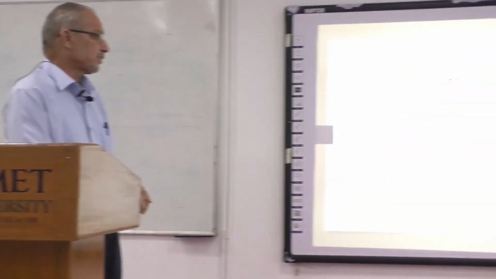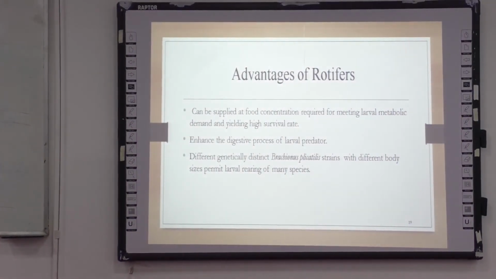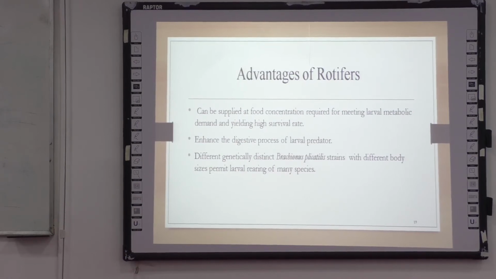They enhance the digestive process of the predator, and different genetically distinct Brachionus plicatilis strains with different body sizes permit larval rearing right from the endogenous feeding to exclusively exogenous feeding stage.